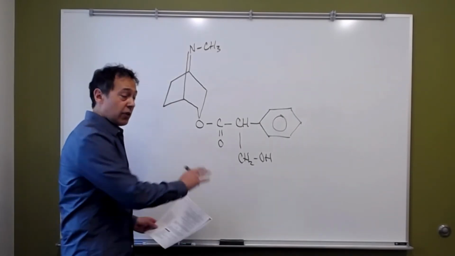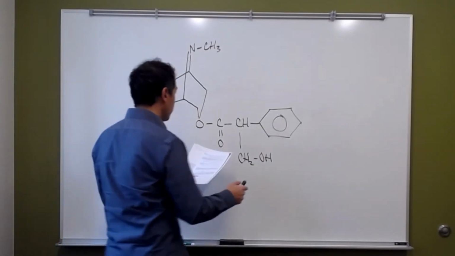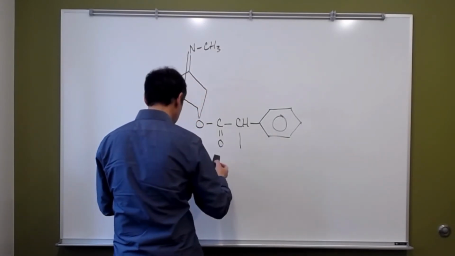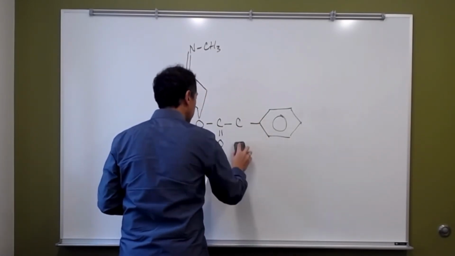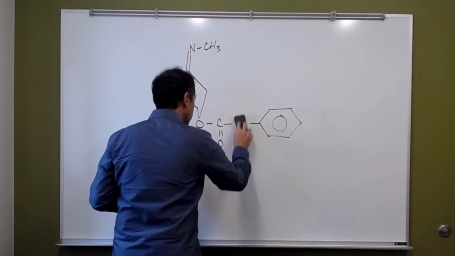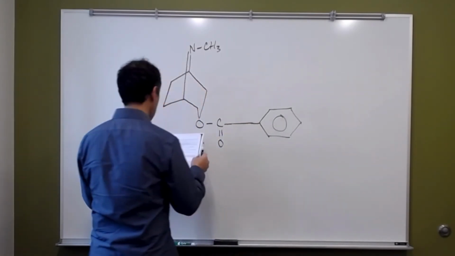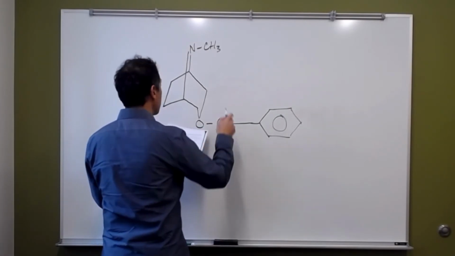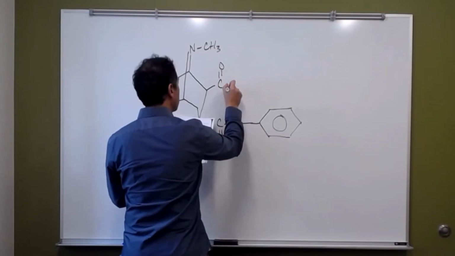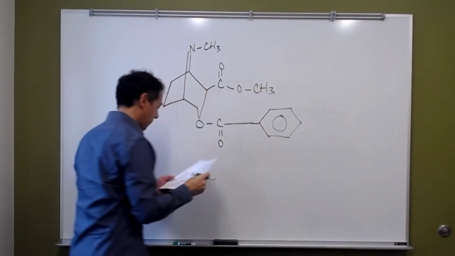And so if we just rearrange this just slightly, just doing a little bit of chemistry here, if I were to change this down here, like this, and attach it like that, and then up here, if I attach C double bond O, and then O, and then CH3.